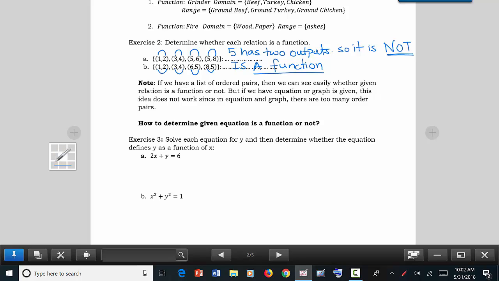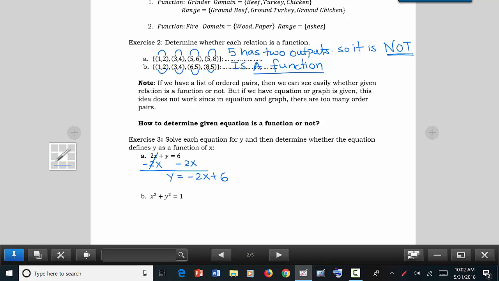Now, if we have an equation given, how do we decide whether it represents a function or not? Because here y is the output, let's solve for y. Subtract 2x from both sides. We get y equals negative 2x plus 6.